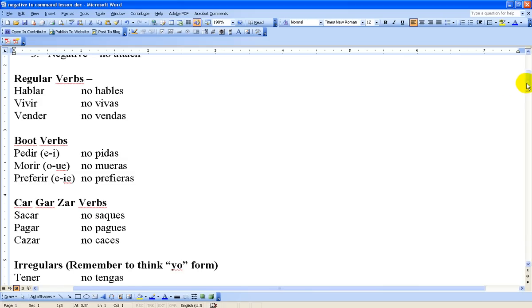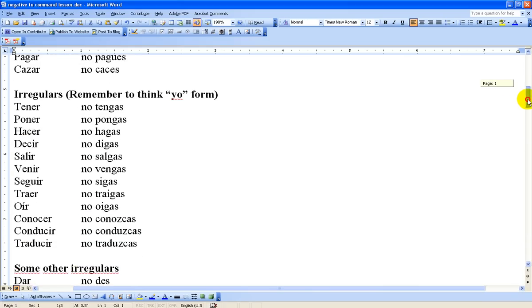Let's go down a little more. We've got a big list here of some irregular verbs. These irregulars are exactly the same as the usted or ustedes commands, except there's an S at the end of it instead of either nothing like the usted commands or an N like the ustedes commands. So for all of these verbs, you want to think about what's the yo form of this verb, and that's how I'm going to form my command. For example, the yo form of tener is tengo.